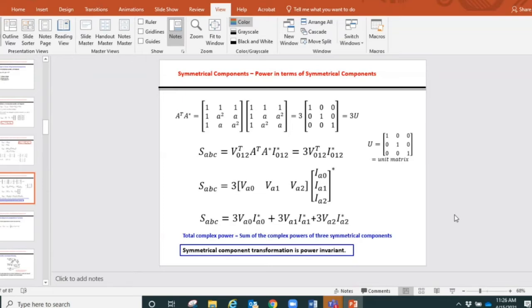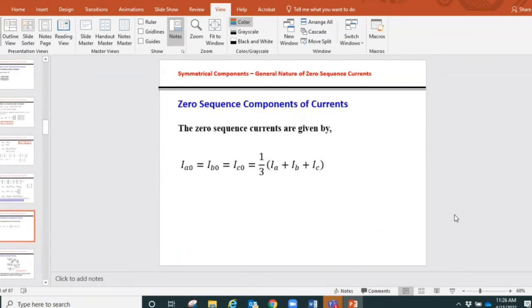So it's the same. Now we are coming to a very important section, which is going to consider the zero sequence component currents. It's very important to understand. Now it's coming to very specific. So zero sequence component current, how do we saw the equation? We saw it IA0 is equal to IB0 is equal to IC0, because they are zero sequence currents.